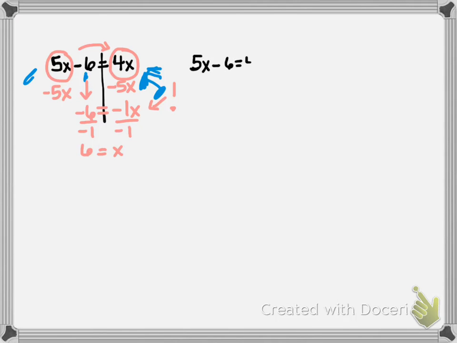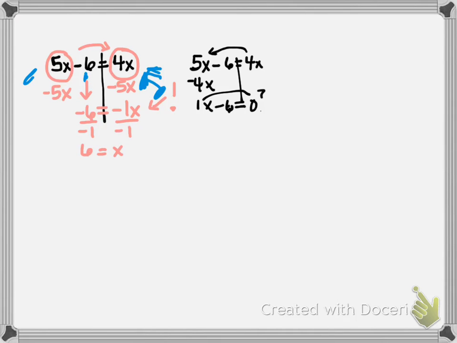All right. So here is another problem. We have 5x minus 6 equals 4x. Again, it's the same problem, but watch what happens here. Let's say you say, well, I want to take the 4x over here. If you'll notice, what this means is you just put your guys and your girls on the same side. There's nothing left over here.